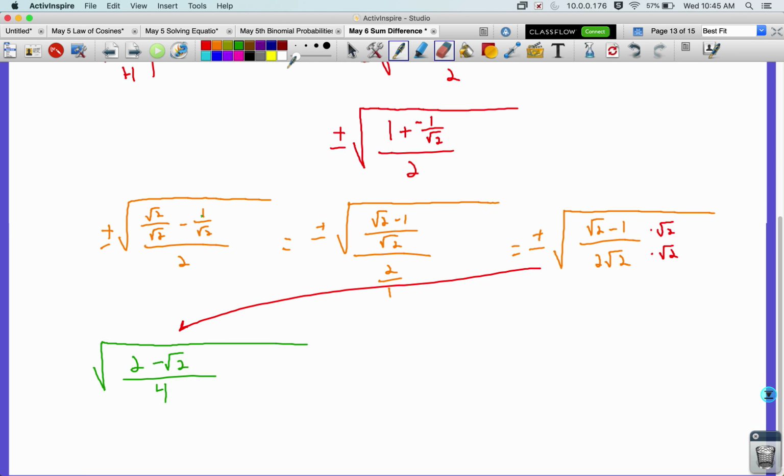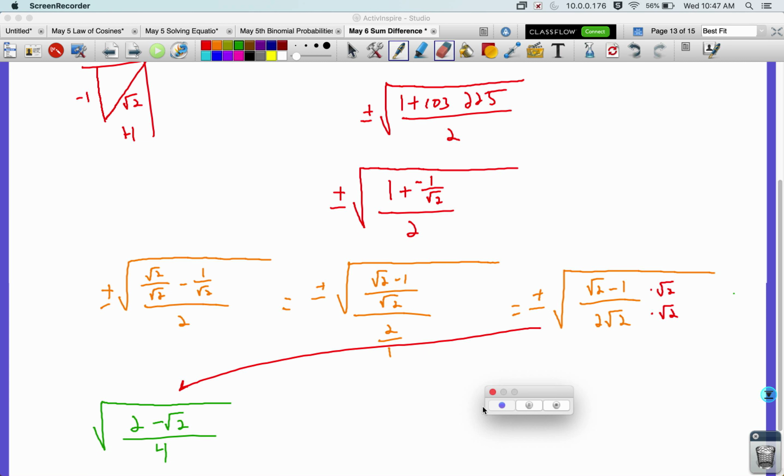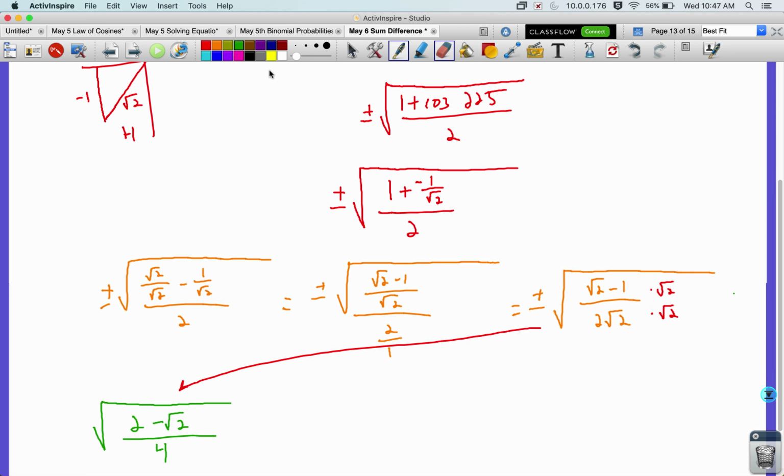And now we got to think, can I express the inside there as something squared so that I can cancel it out with this square root outside? Let me pause and think about that for a second. All right, I've thought about it.